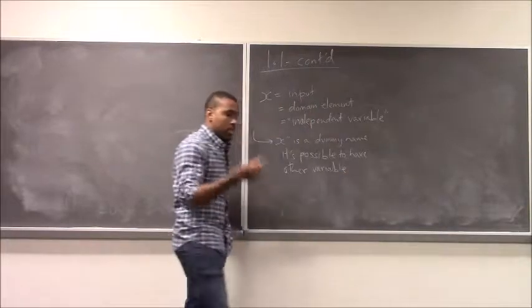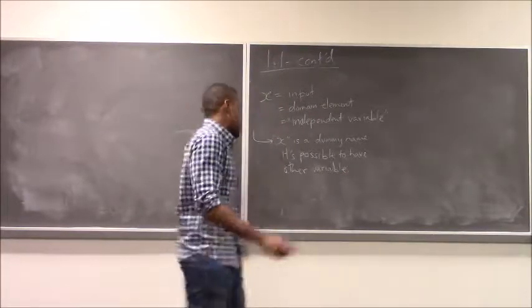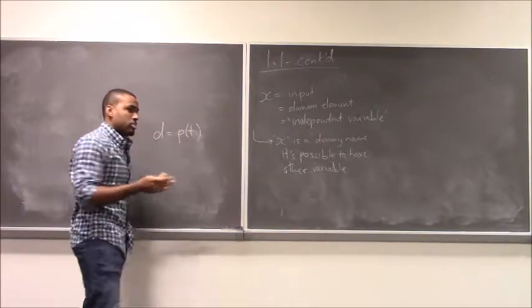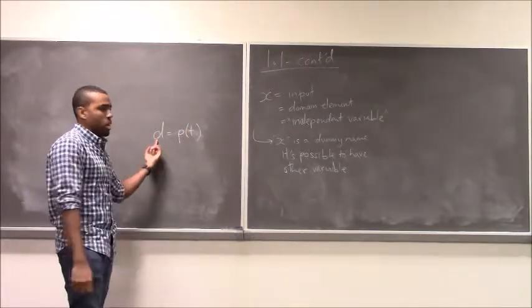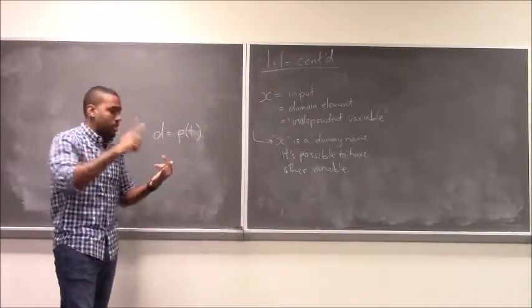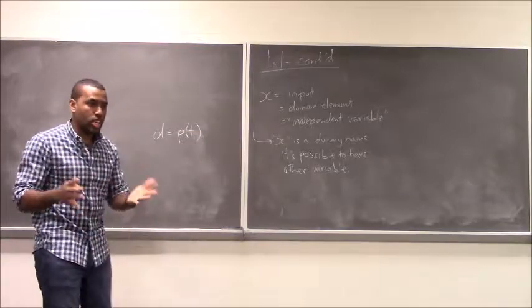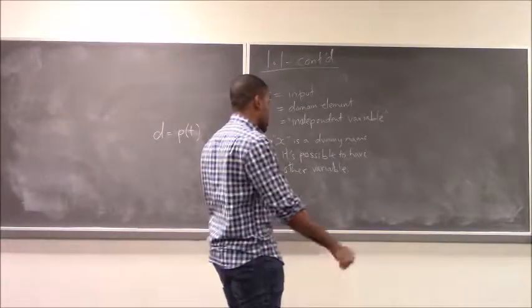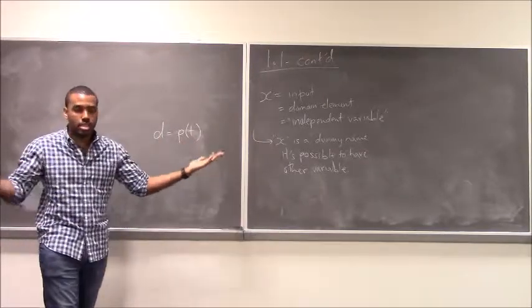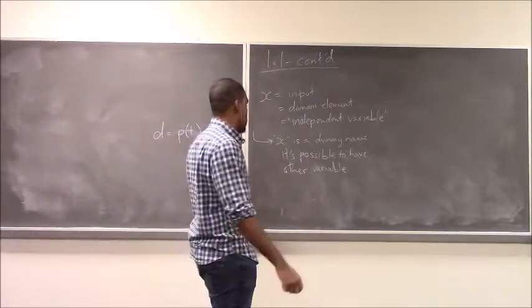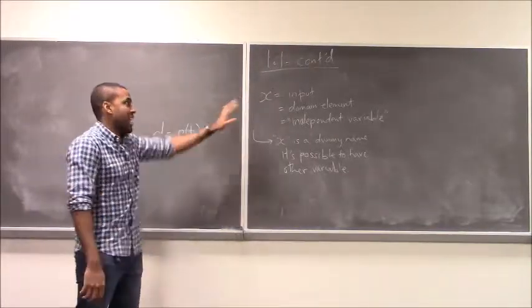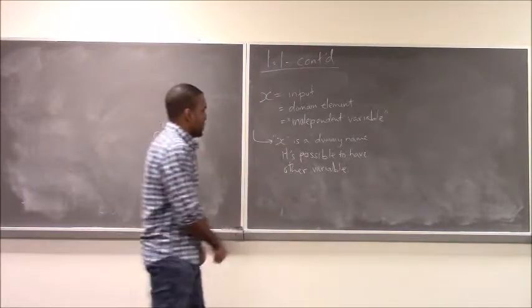X and Y are the generic ones that everyone thinks of, but if I wrote something like D equals P of T, I don't expect it to be confusing. D is your output, T is what I'm calling the input, P is the name of the function. It doesn't have to be Y, F, and X. I can change the variables in different contexts. Usually, if I want the input to represent time, I would use T and not X. So X and Y, pretty much any name of any variable, it can be anything, okay?